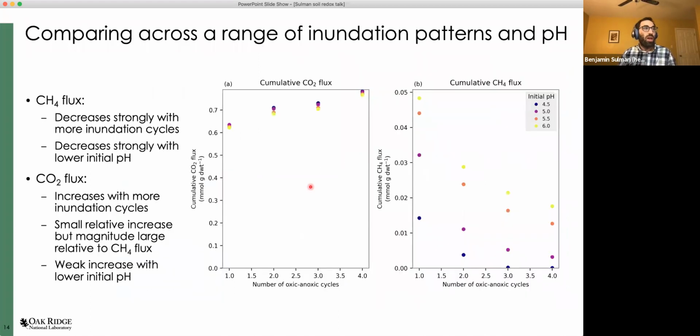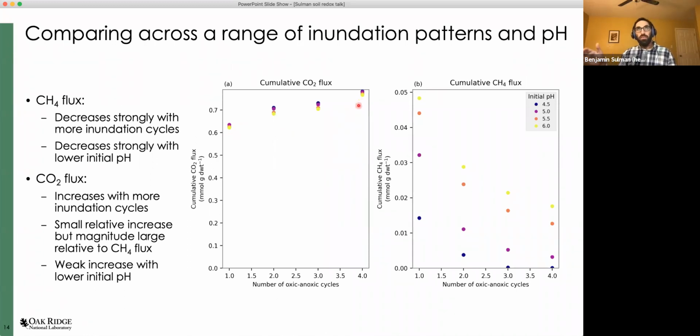And then zooming out again, if we average over these and ask what's the net greenhouse gas impact of a soil being underwater for a long continuous time period versus going through cycles of oxidation and flooding. Going from left to right here, this is just dividing up by how often the soil cycles through oxic and anoxic conditions, and it has a significant but not that strong looking effect on carbon dioxide flux.